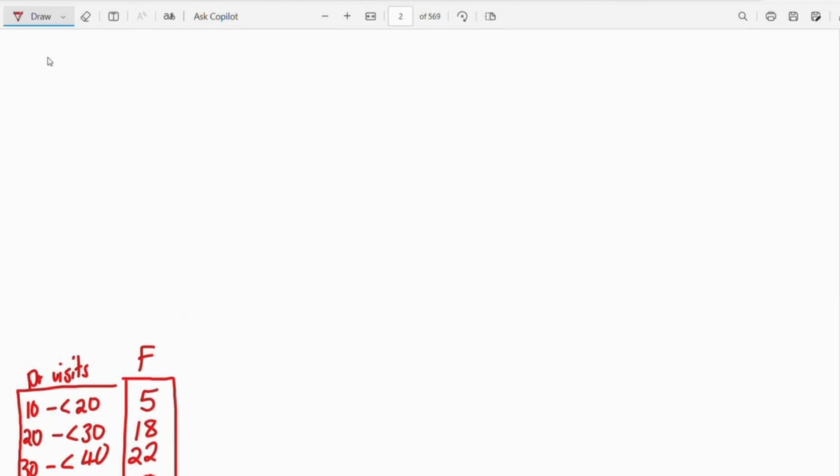The formula for mean is going to be the sum of fx divided by n.